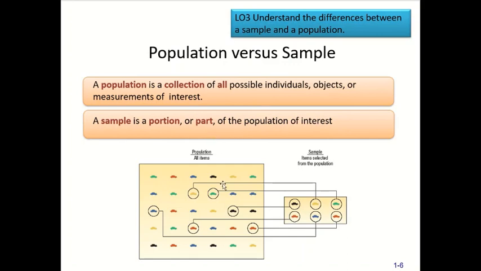Like in the previous example, out of 65 students in section A, we collect responses from a sample of 15 students, which can be chosen by different means. You will learn about various sampling techniques later on, but say 15 students are selected randomly. These 15 students represent the sample, whereas all the students represent the population.